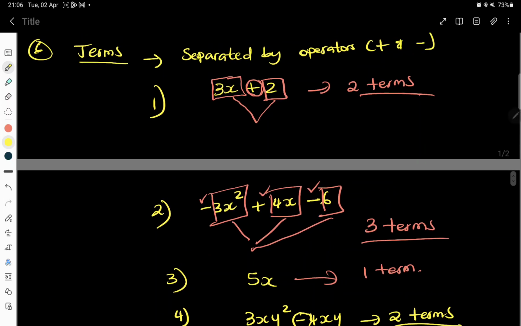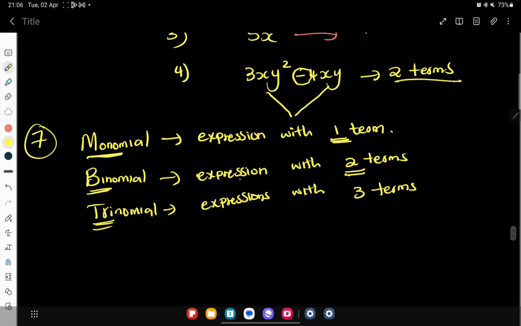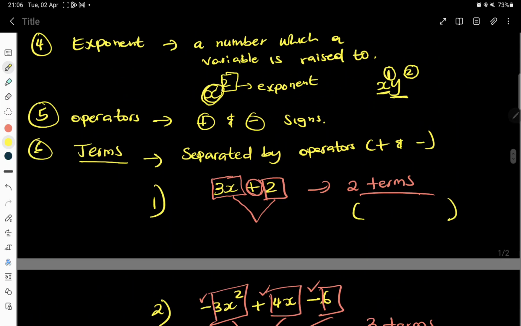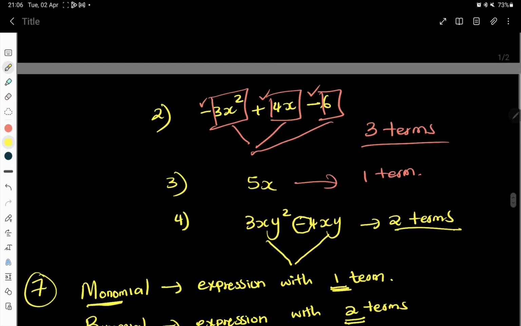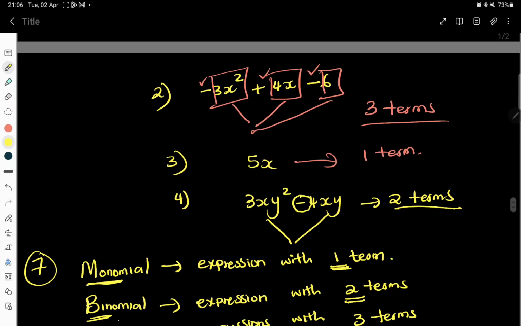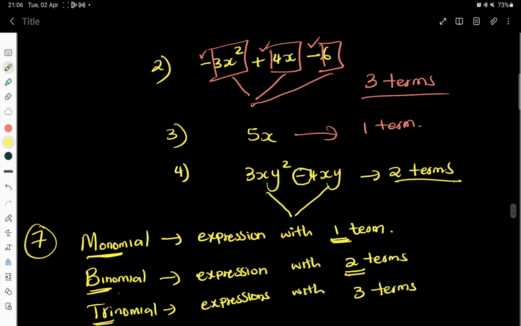So let's identify the above expressions as monomial, binomial, and trinomial. So remember, you mentioned that it's two terms here. When you have two terms, it means it's a binomial. This expression here is a binomial. Then we've got 3 terms here. When you have 3 terms, it's a trinomial.